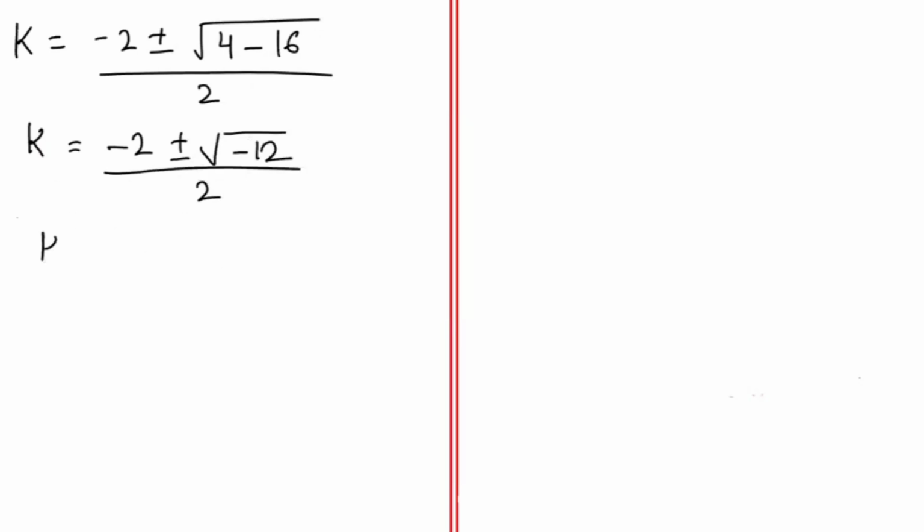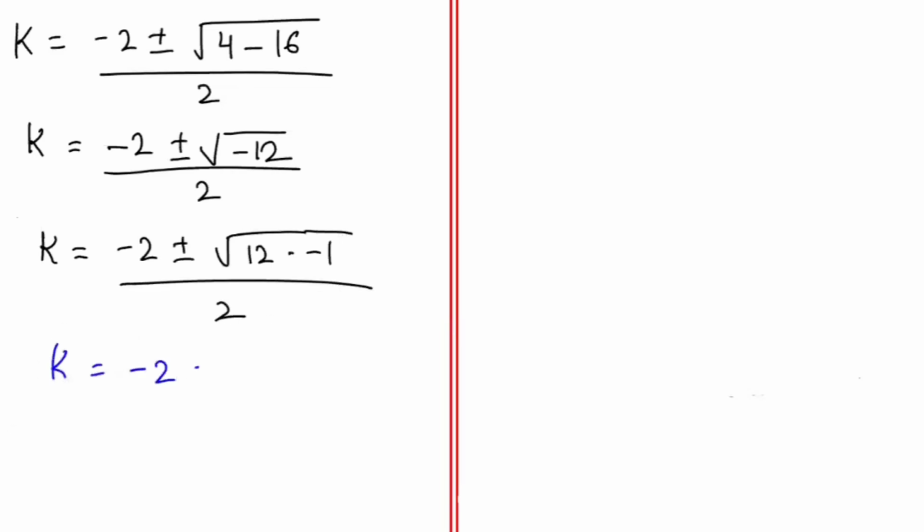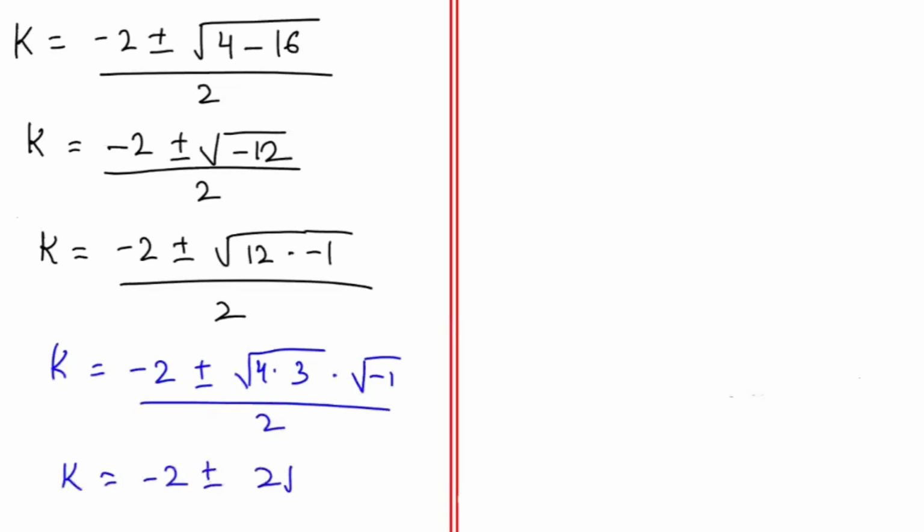So I'm going to write this negative 12 in the same form like before: 12 times negative 1, over 2, and here k is equal to negative 2 plus minus 4 times 3 times root negative 1 over 2, and k is equal to negative 2 plus minus 2 root 3 times iota over 2.